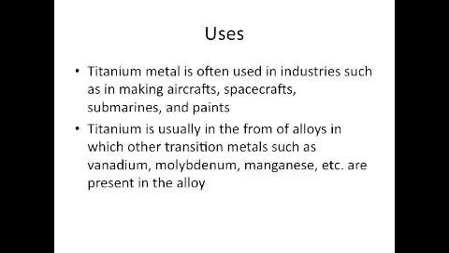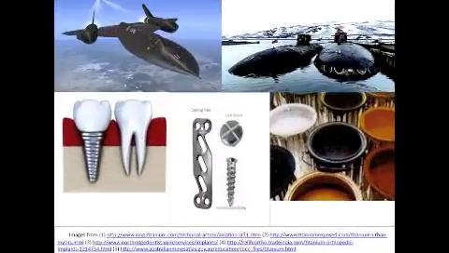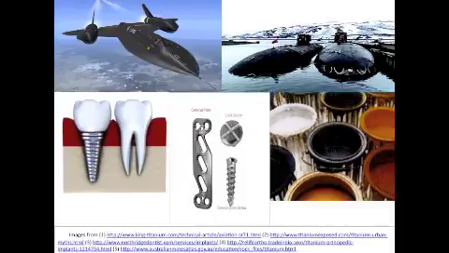Titanium metal is often used in industries such as in making aircraft, spacecraft, submarines, and paints. Titanium is usually in the form of alloys in which other transition metals such as vanadium, molybdenum, manganese, etc., are present. As previously stated, titanium is resistant to corrosion at room temperature and has a low density.